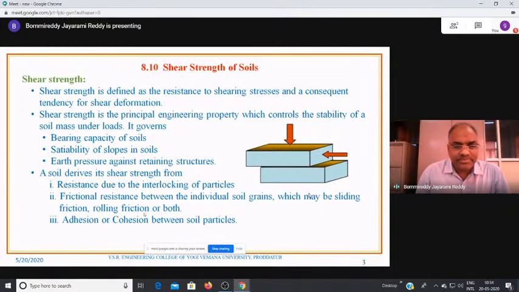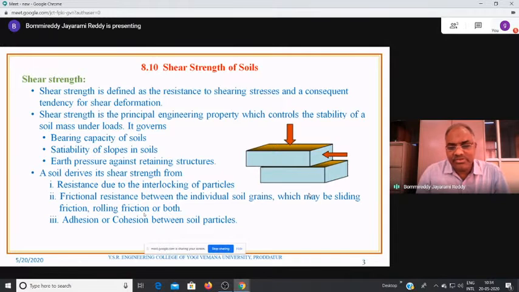And normally shear strength will be derived from several means. The shear strength may be obtained by means of the interlocking of the particles or interlocking of the soil solids. Second one is frictional resistance between the individual soil grains.